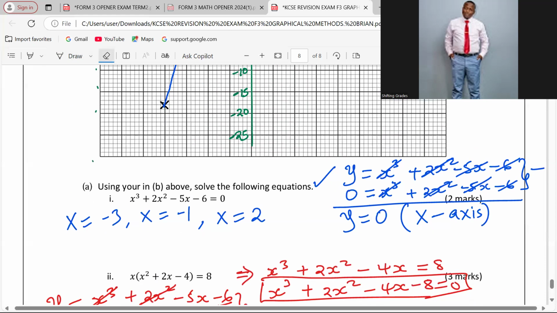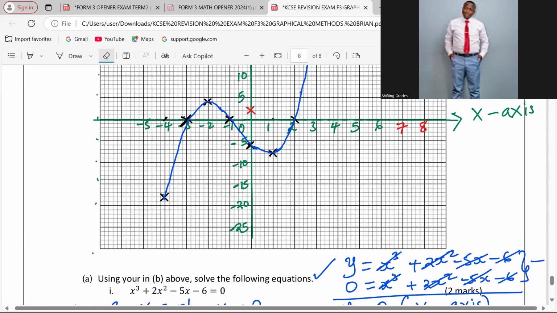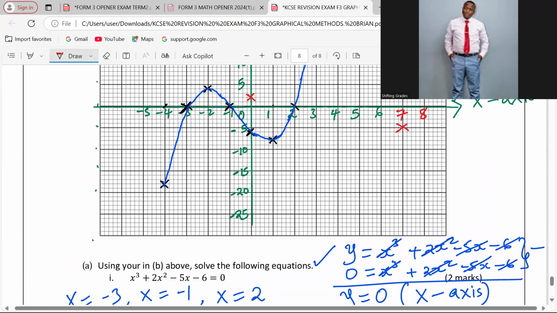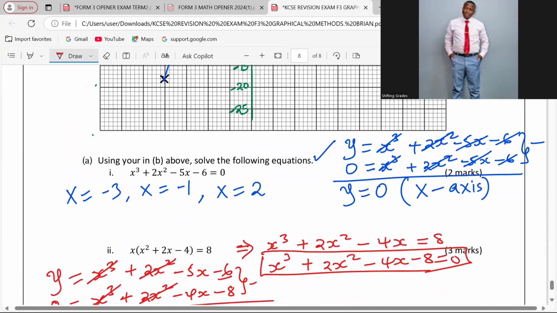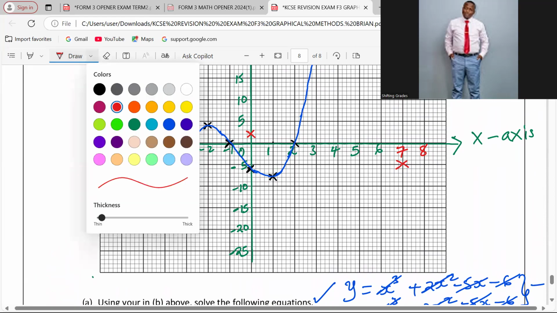The other one is 7, negative 5. Plot it there. And finally, negative 3, 5. Yeah, the line will pass through those 3 points and more other points that we've not plotted.